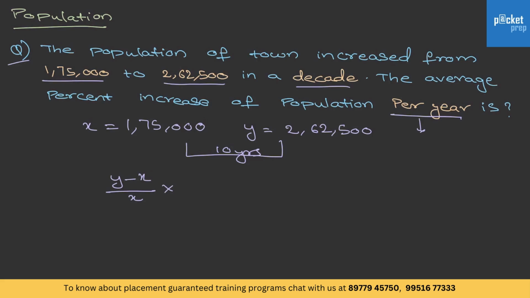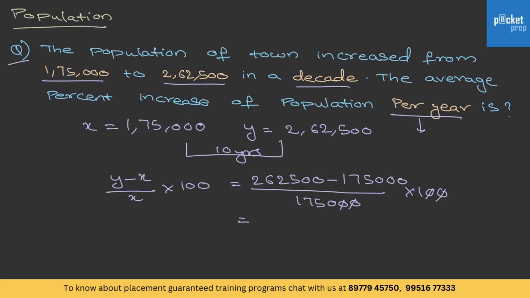So let's find the normal percentage change, which is given by y minus x by the initial value, that is x, into 100. This is 2,62,500 minus 1,75,000 by 1,75,000 into 100. This is 87,500 by 1750. So we have got that 50% is increased.